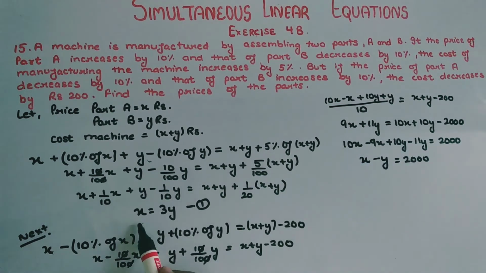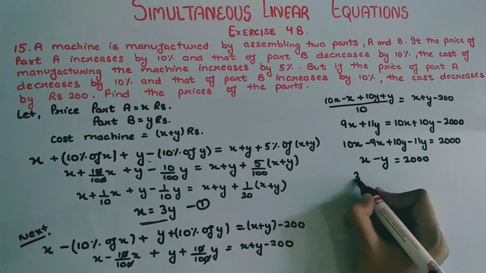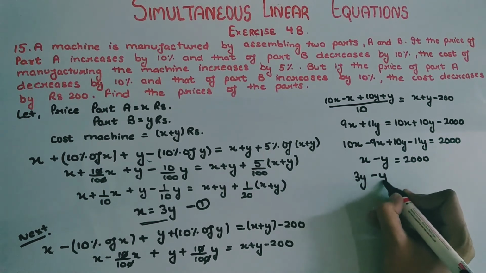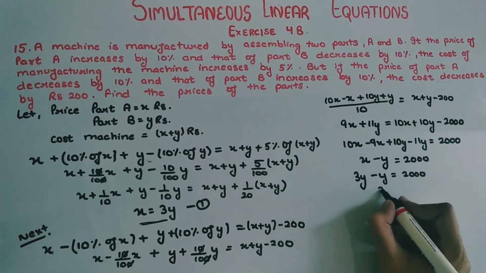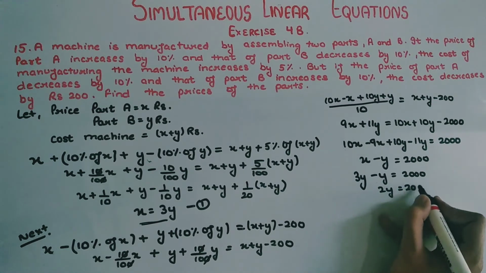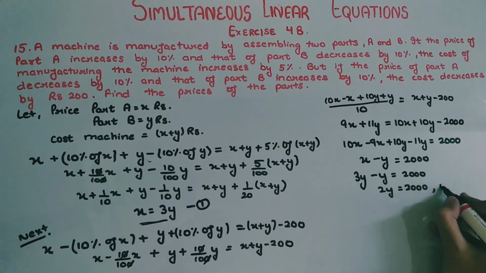But we know that the value of X is 3Y from equation number 1. So we will put here the value 3Y minus Y is equal to 2000. 3Y minus Y, 2Y, is equal to 2000. Hence the value of Y is 1000.